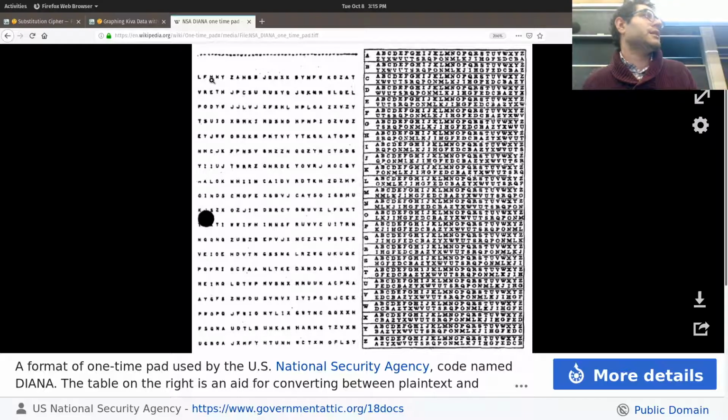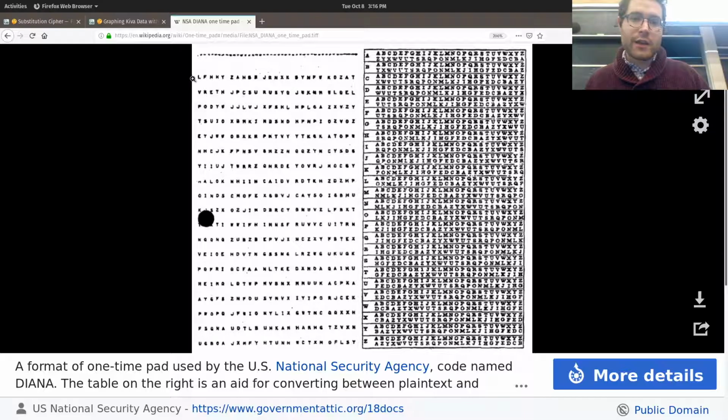If I'm saying attack at dawn, A and L, so here A, and I would like L, so that's going to be an O. F, go over here. I want a T, actually, and an F would be B. So you're doing a Caesar cipher for every single letter without any pattern in there, okay? There's no repeating pattern. It's all completely random. The only way your partner can reconstruct it is if they have the exact same random pad.